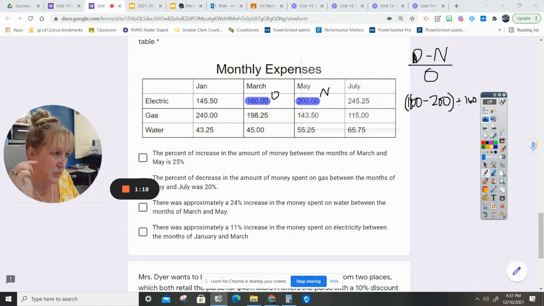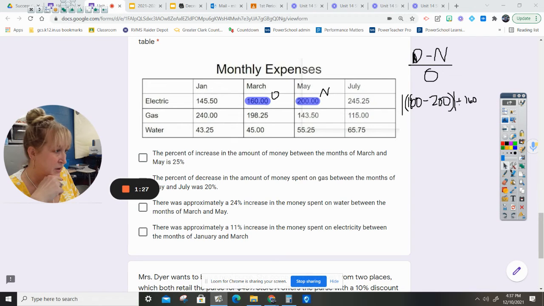Remember that these are in parentheses and they are the absolute value. So even if it comes out negative, it's going to be positive, okay? So I know that 160 minus 200 is negative 40, absolute value, and I'll have to divide it by 160. Okay, so then I'll bring it down again, 40 divided by 160.